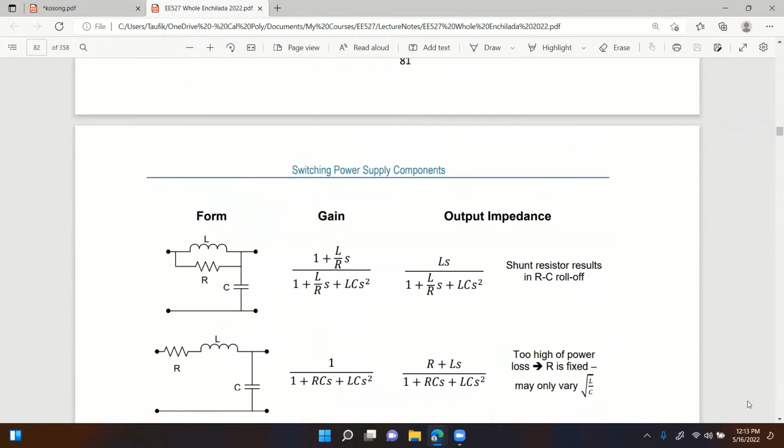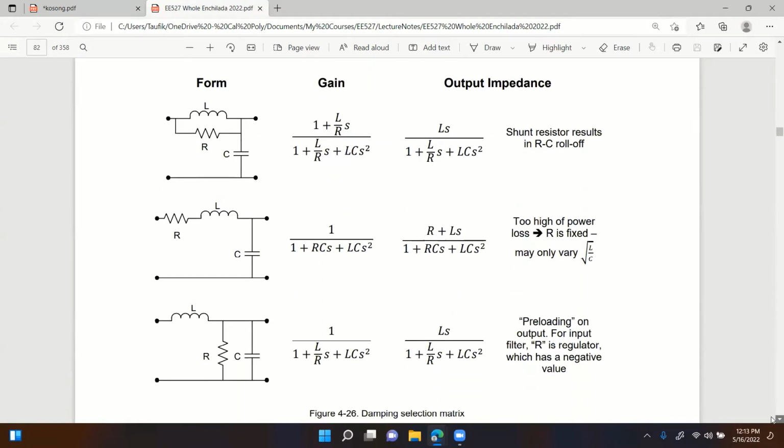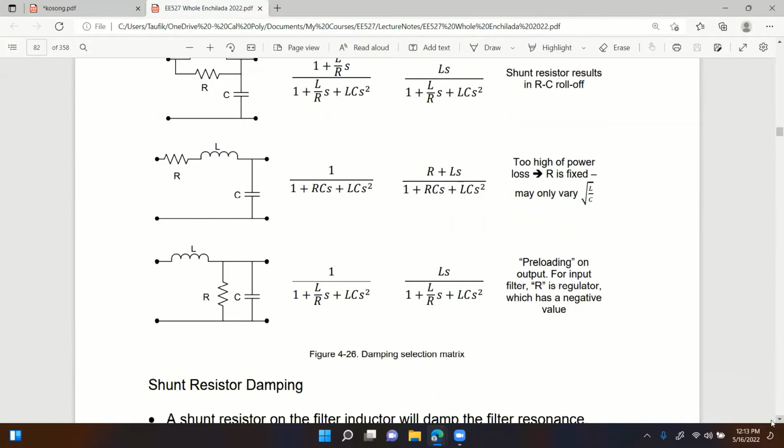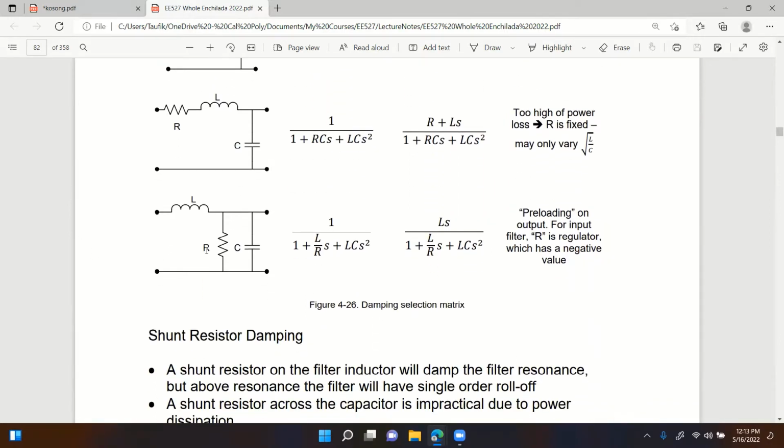That's why the damping factor of the filter is also significant, right? And we talked about different ways of introducing damping, right? From good method to the bad method, right? Like this one is probably the worst method to do damping, when you have parallel resistance across the capacitor, right?